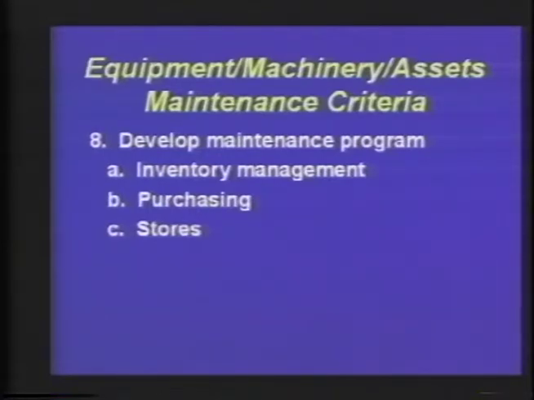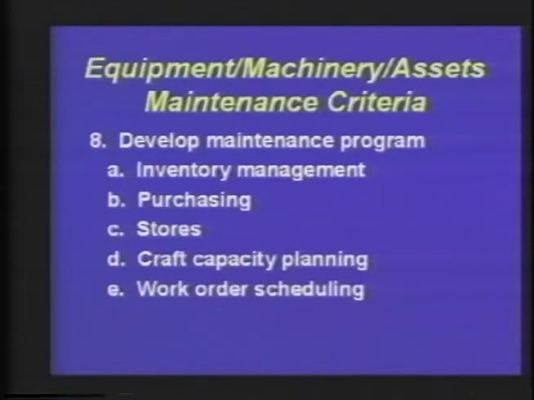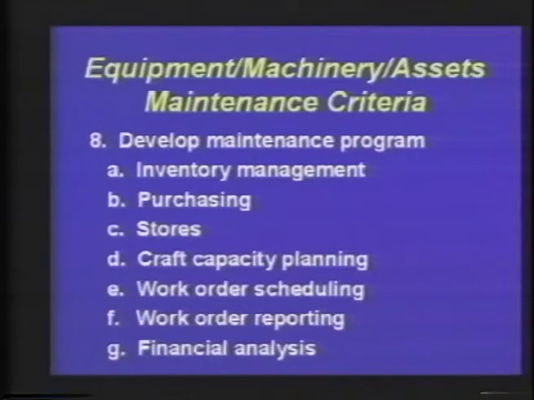We must identify the craft capacity required to support the asset. Then we have the work order planning and scheduling system, which is addressed by item E, and F is the work order reporting system. And last but not least, we have the financial analysis.